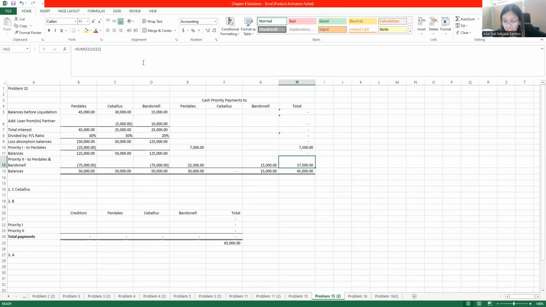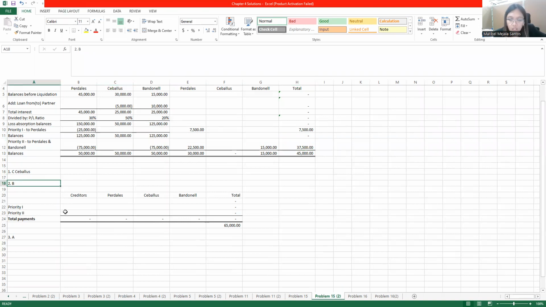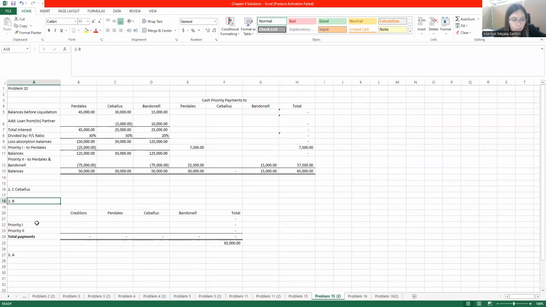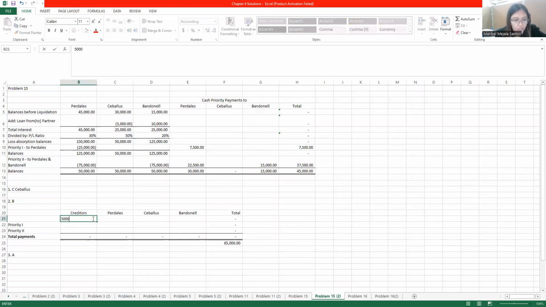So let's compute. Now, for the outside creditors, 50,000 po ang utang natin. Ayun, sa book, 50,000 liability.